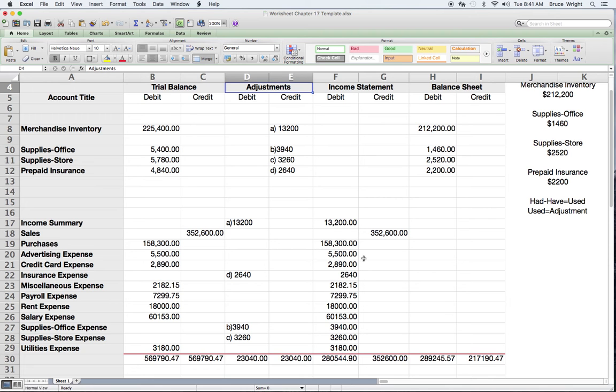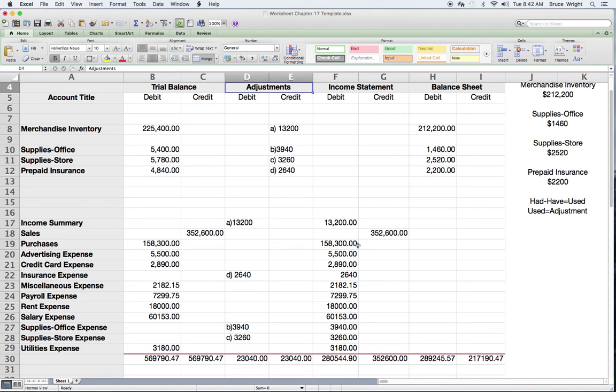And you'll notice now I have sales, which is the only credit, purchases, which is a cost, along with expenses, your contras. But we've also brought over income summary. And if you'll notice, it's in the debit balance. Let me explain this.